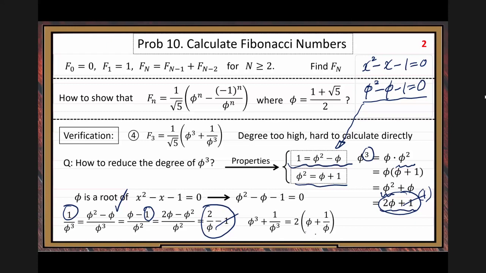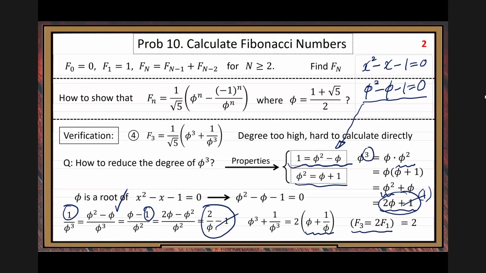This one we calculated before, right? We add root 5, so we get F3 equals 2 F1. That's 2. F3 equals 2. That's the same as our computation result.